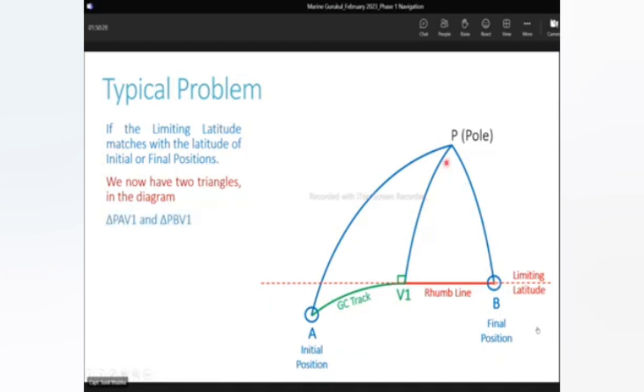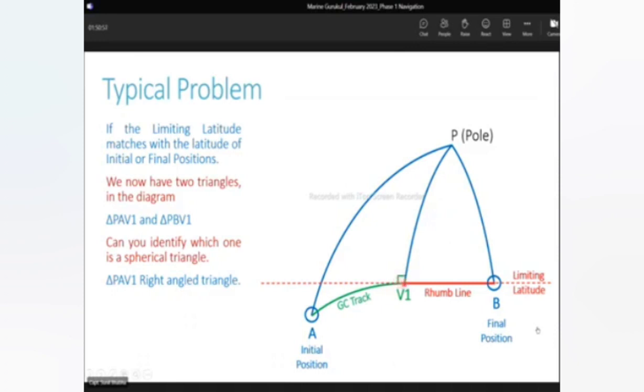The two triangles being formed are PAV1 and the second one is PBV1, and out of them the spherical triangle is the PAV1 triangle. It's a special spherical triangle because we have a right angle at vertex 1.